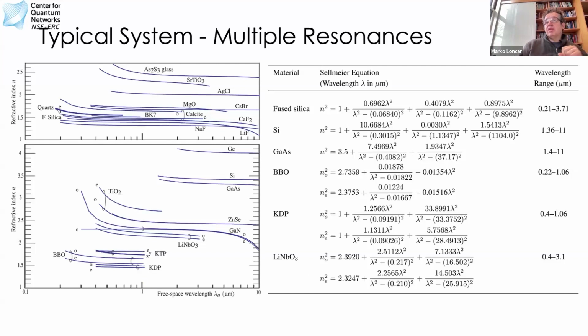And this is really important, as CJ is going to talk about. When you talk about nonlinear processes, this wavelength dependence of the refractive index can be a huge problem or an asset, depending on what you're trying to do. And it is a consequence of how the electron clouds respond to the electric field of light.